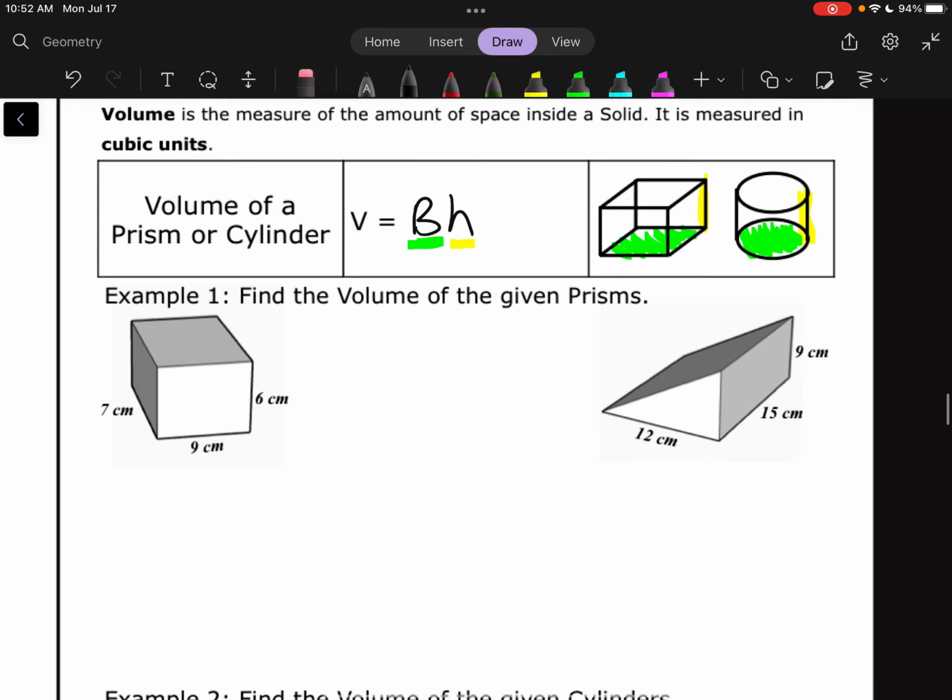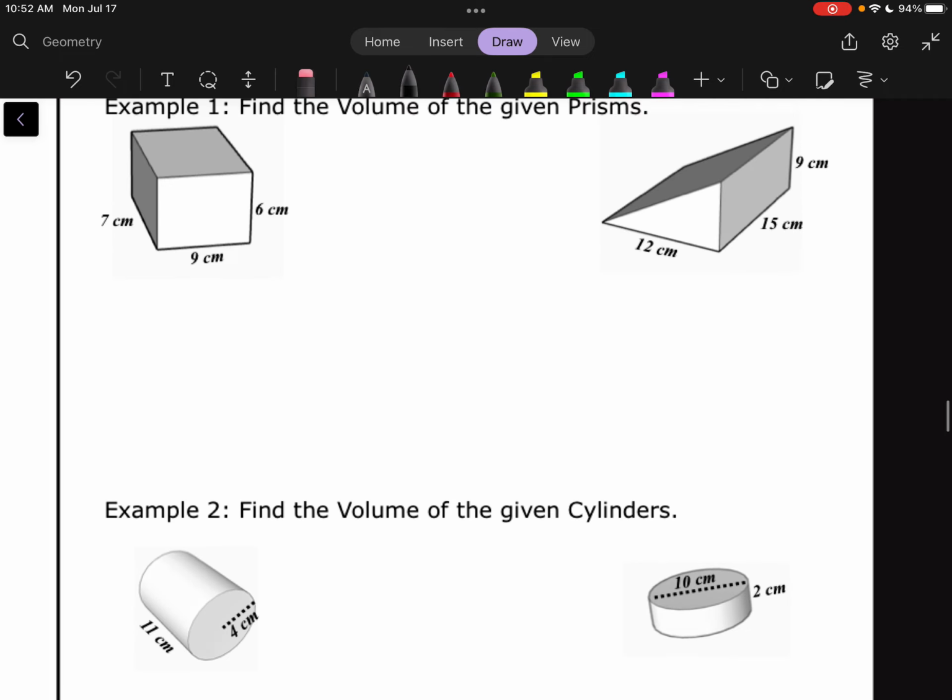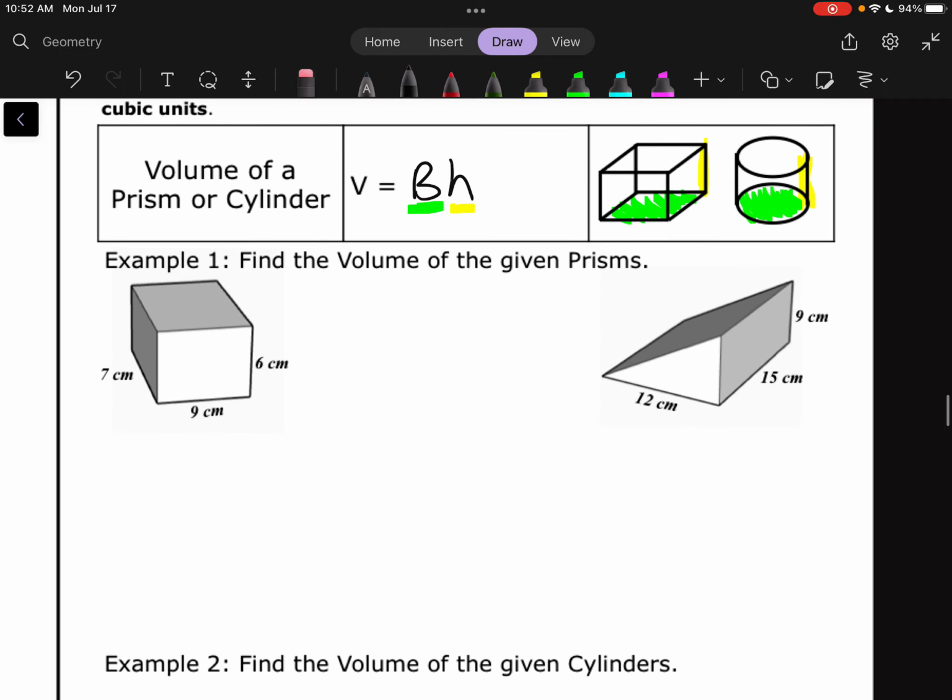All right, so we got some prisms and some cylinders we're going to find the volume of here. Let's start off with the prisms. So this one, we know that we want to do big BH. To find the area of the base here, I'll find the area of this side, which should be 9 times 7, 63.